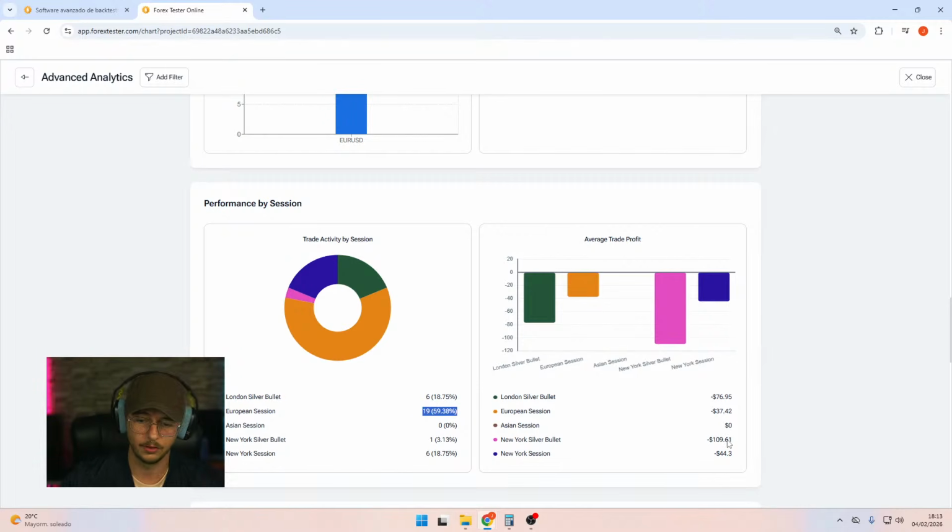So as you can see here, the best case in this case, because it's a really bad strategy, is the European session with minus $37, because the London Silver Bullet went from minus 76 and the New York Silver Bullet went to minus 100. So obviously in this case we're going to take the best worst case.